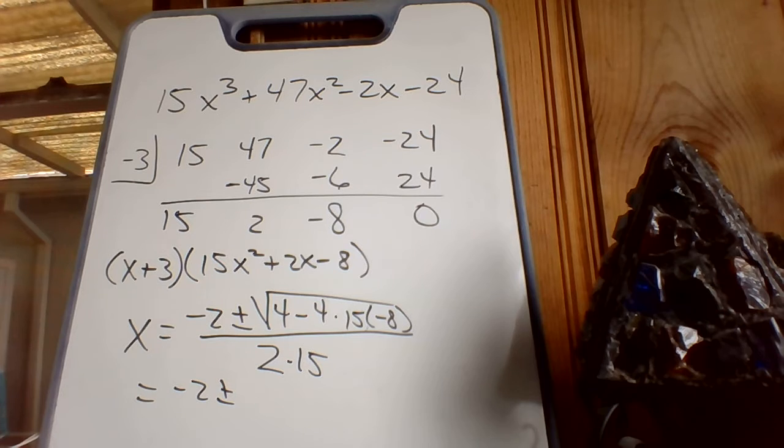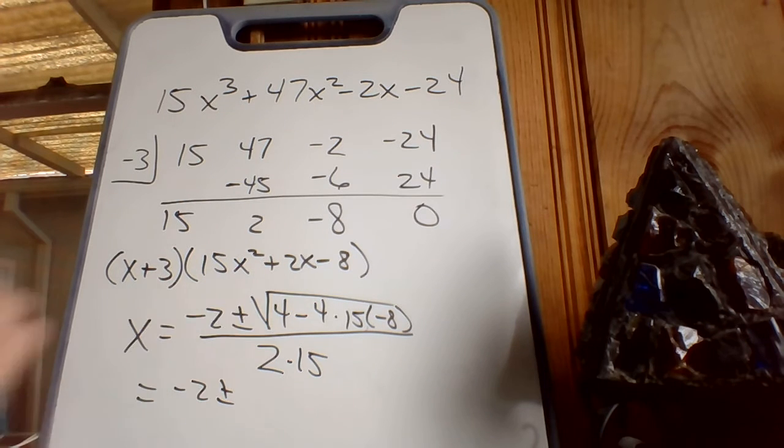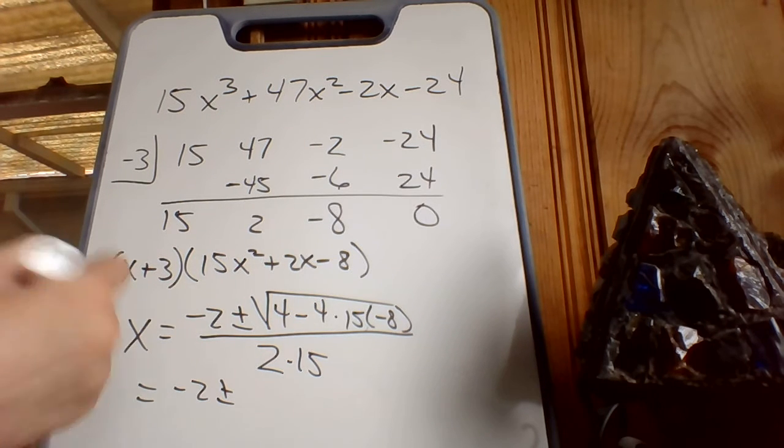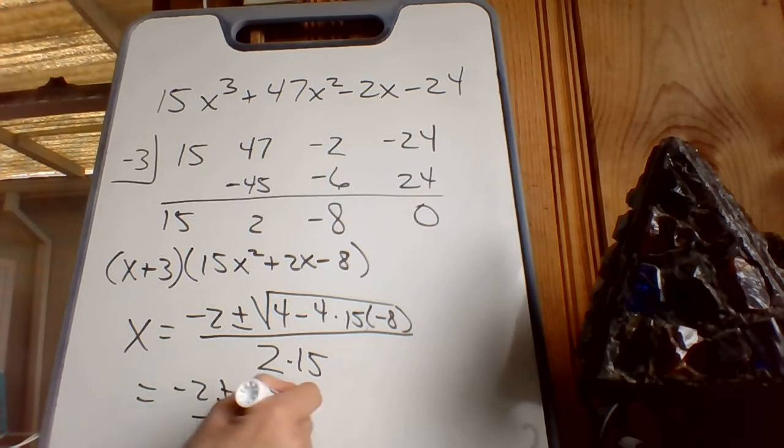I'm just going to do that on my calculator. 4 times 15 times 8, 480. And it's positive 480. And then plus this 4 right here. So that's plus or minus the square root of 484, all over 30.